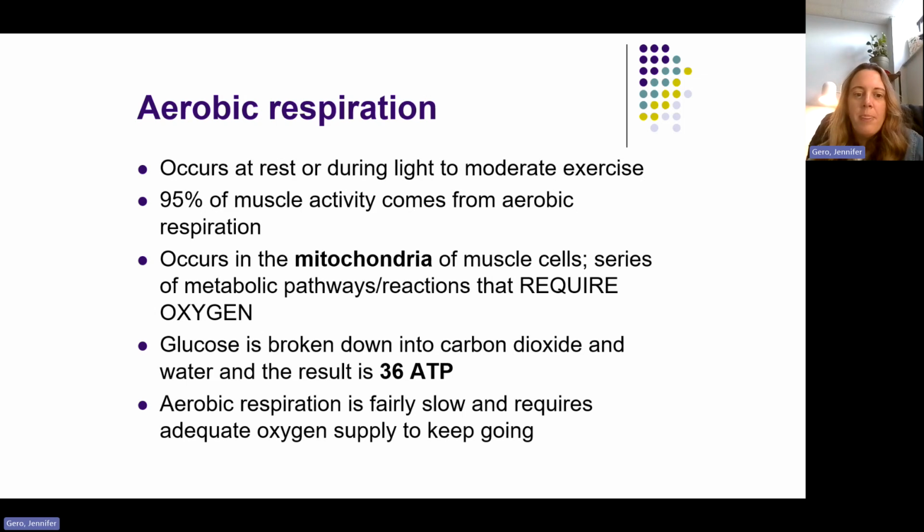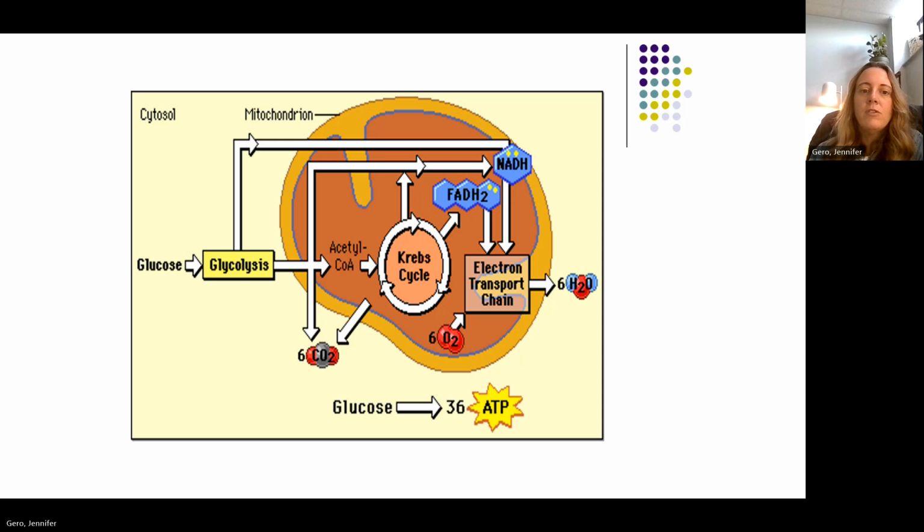This is fairly slow though, and so sometimes it cannot keep up when we have a really high demand or intense exercise. But for the most part, 95% of the time, we are making ATP using aerobic respiration. Again, it happens in the mitochondria of our cells with oxygen. So this little brown thing here would be the mitochondria.